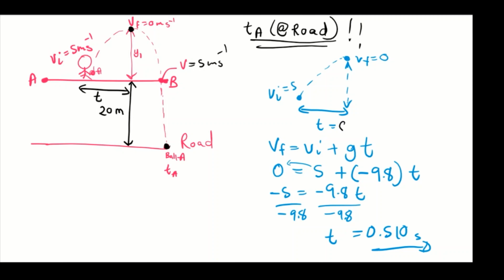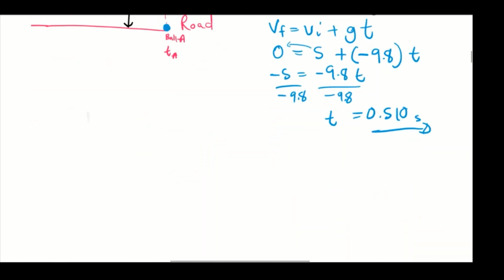So t is going to be 0.510 seconds. Now we are going to identify the time it will take the ball from this maximum height all the way down to the road. Let me read through the diagram.